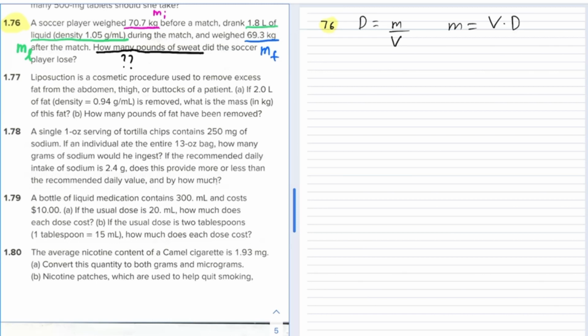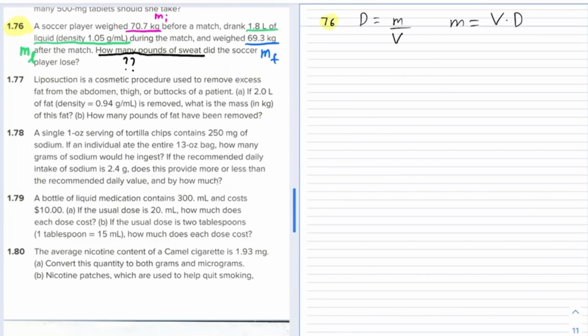So here is how you would do it. The initial mass, okay, if a certain amount of mass is gained through drinking liquid, and then a certain amount of mass is lost through sweat, I'll just call this MS, for that's the sweat.